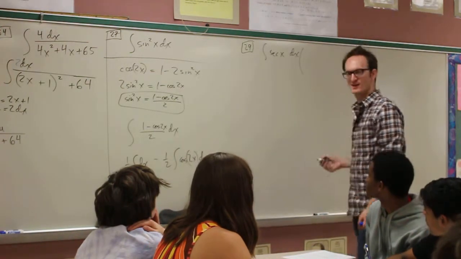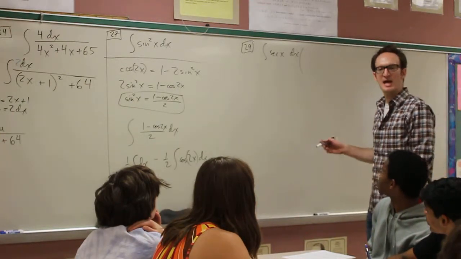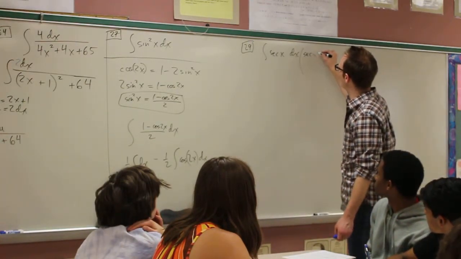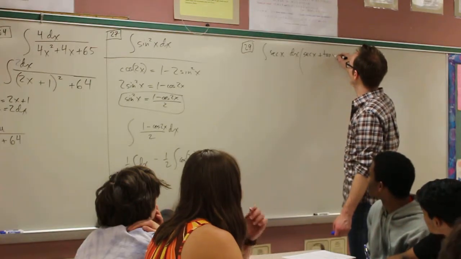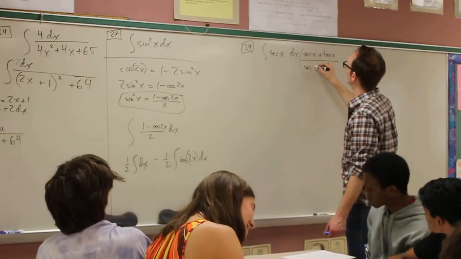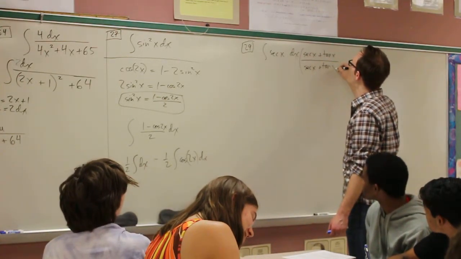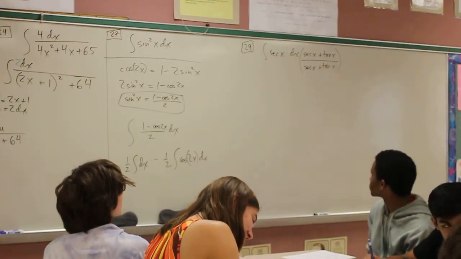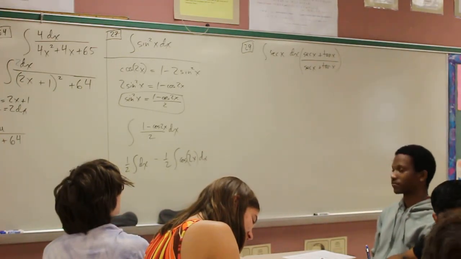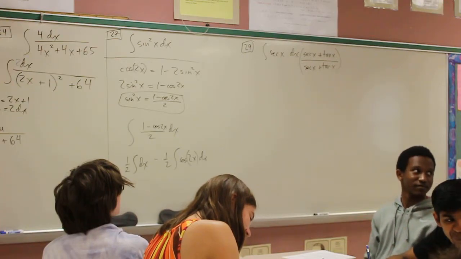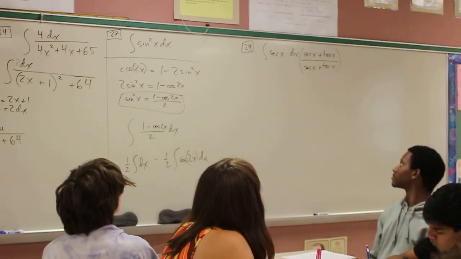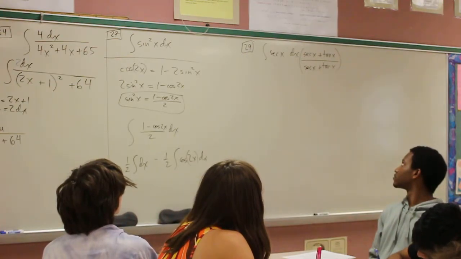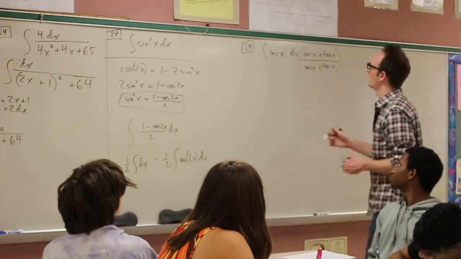The cheap way says you just do the obvious thing, which is to multiply the top and bottom by secant x plus tan x. If I see one of these on the test, that's definitely the obvious thing.